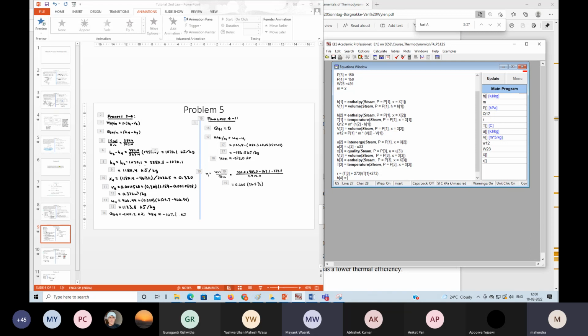H4 equal to H3 minus R star Q12. Q12 is your input. This Q12 have we defined? Q12 we have calculated somewhere, right?